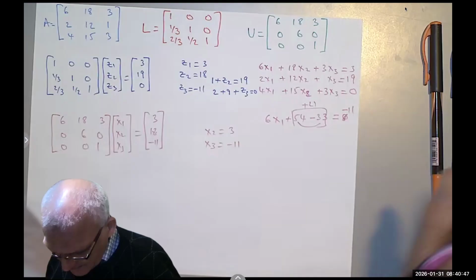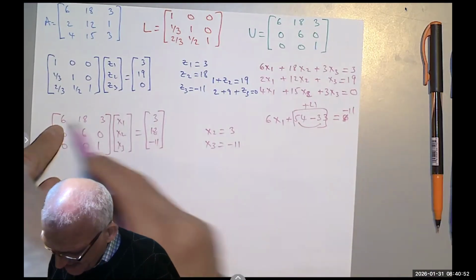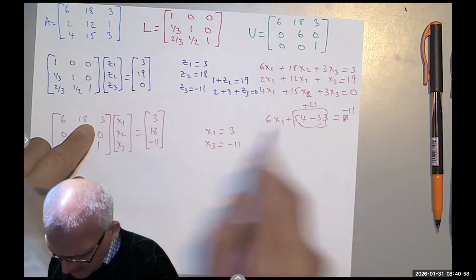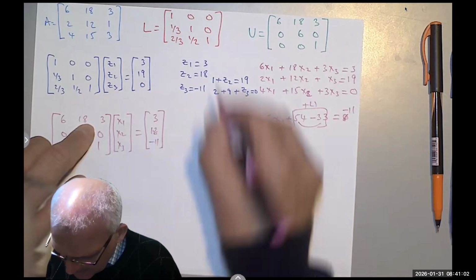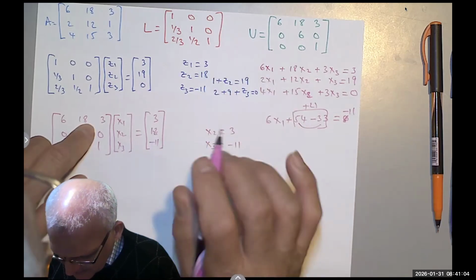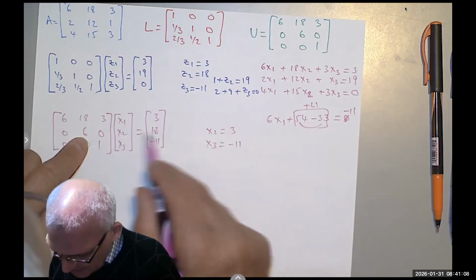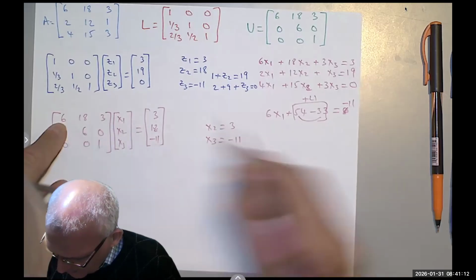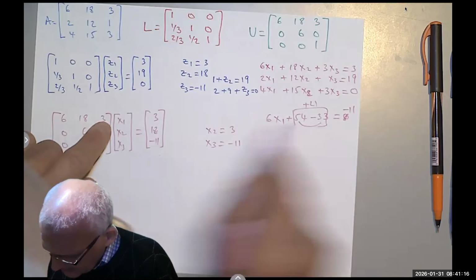I think I did something wrong. 6x1 plus... Yeah, it's 3, 18, -11, correct. So here I get 6x2 equals 18, that's 3.